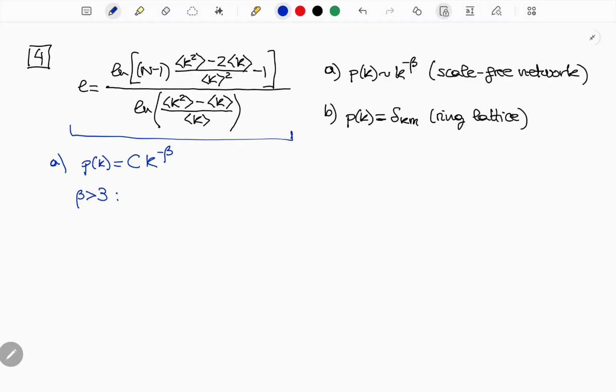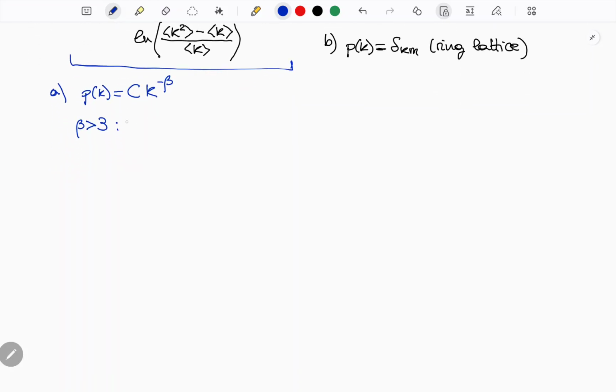In this case, the degree distribution has not only the average degree, but also the average of the squared degree. This is how to compute the average degree.